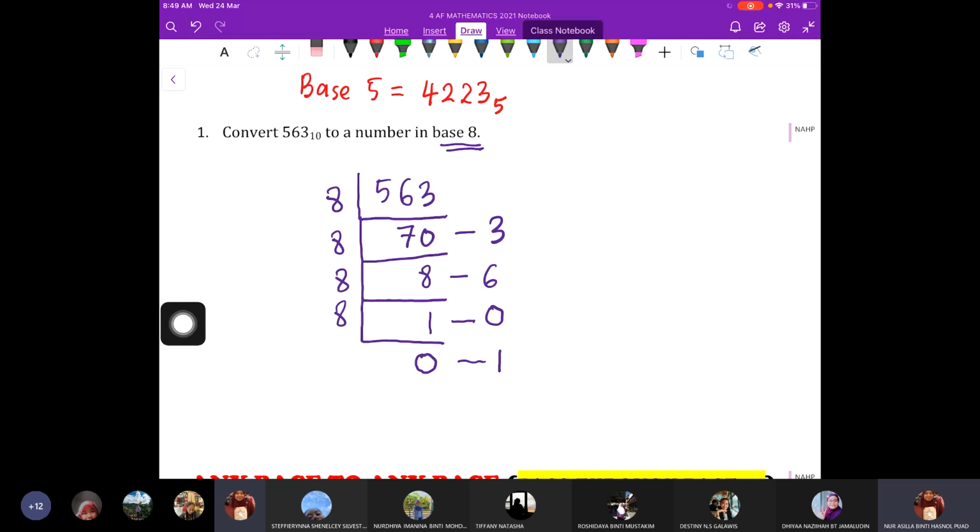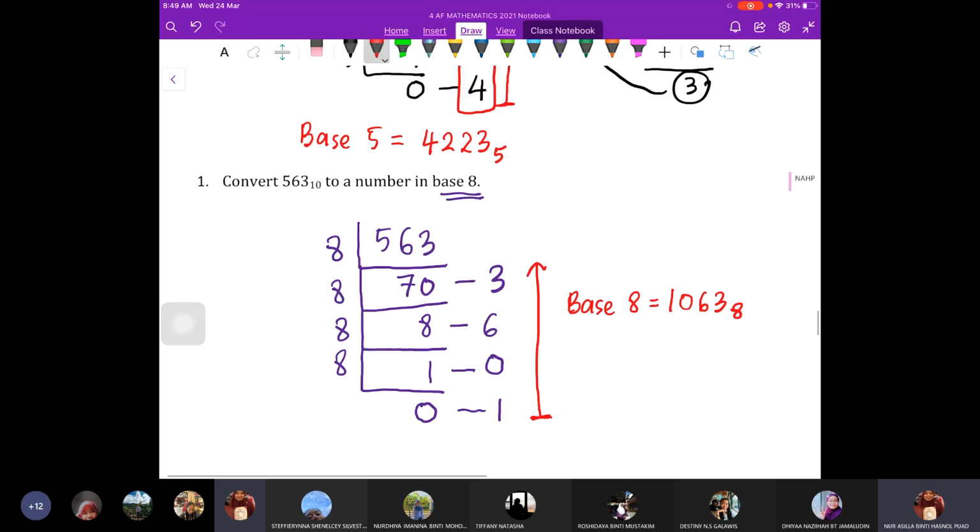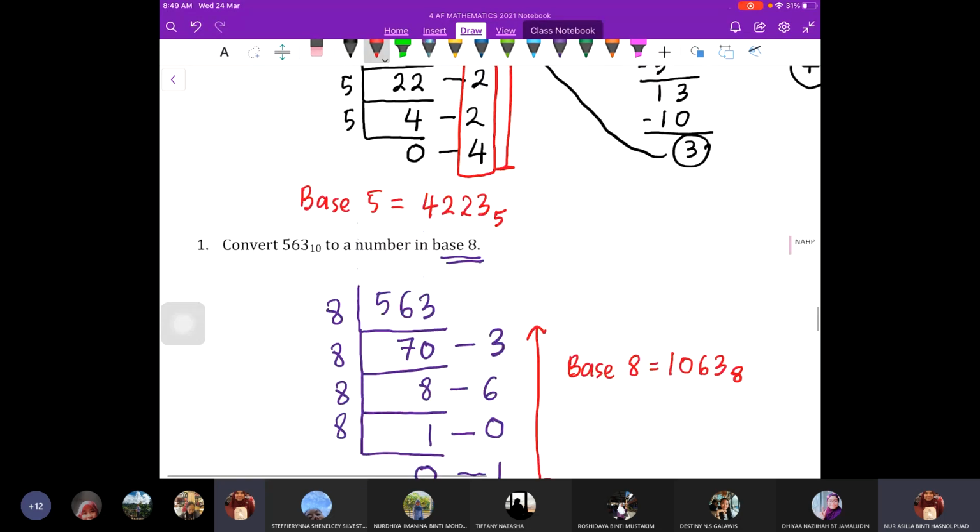So kita punya base 8 akan start dengan 1. Start dekat sini. Pergi ke atas. So base 8 equals to 1063 base 8. Simple. Okay. So that's how you do division using base value.